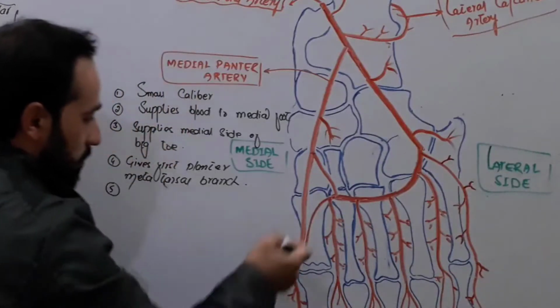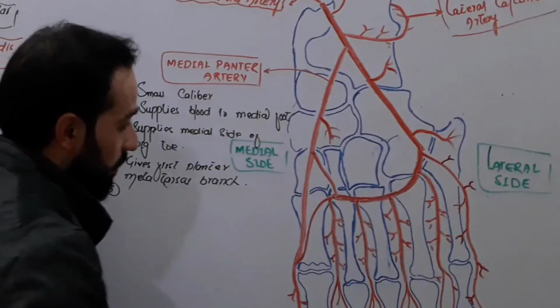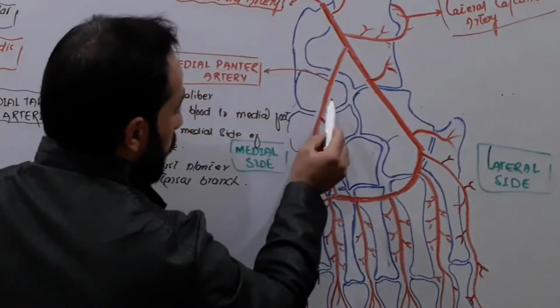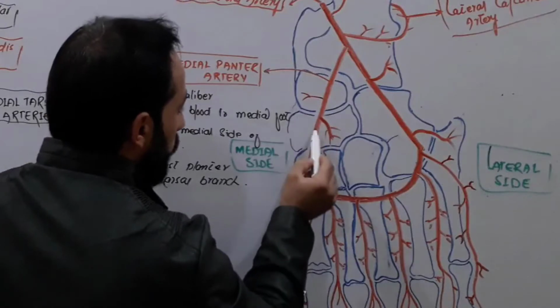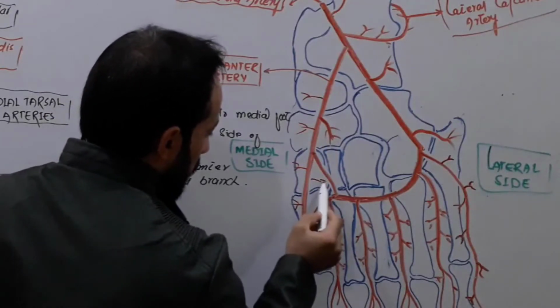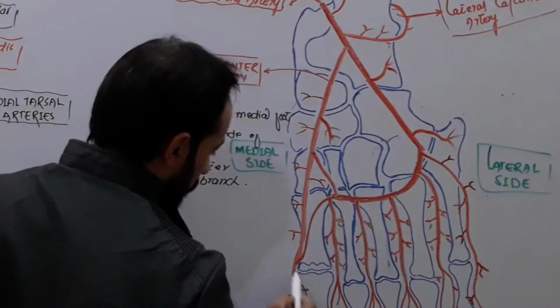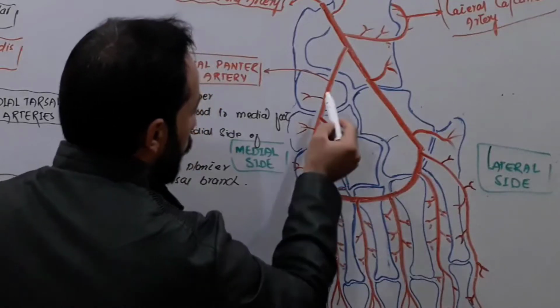Then other than this first metatarsal branch, this artery is also responsible for giving some cutaneous branches, which are responsible for supplying blood to the skin, to the muscles, and to the fascia which are present there in the medial side of the foot, right?